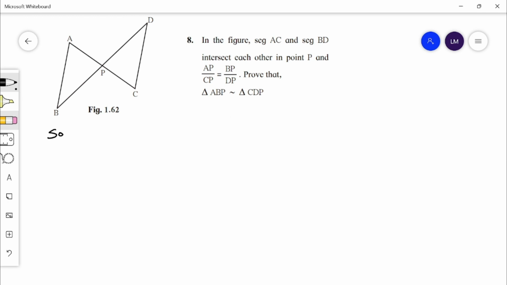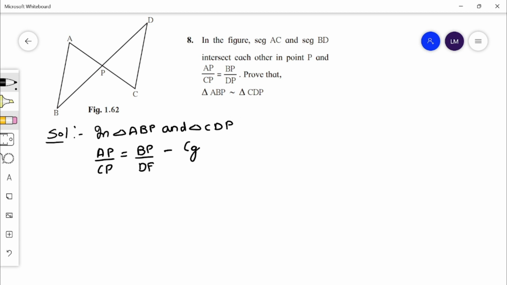So, first we'll take the triangles as they are, triangle ABP and triangle CDP. Now here in the question it is already given AP upon CP is equal to BP upon DP. So this reason we can write as given.